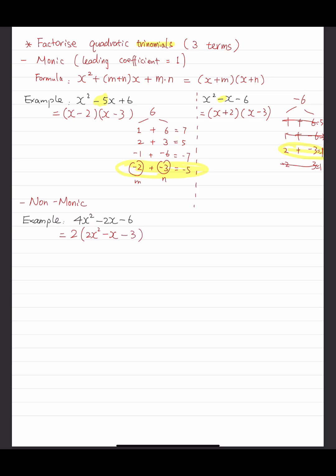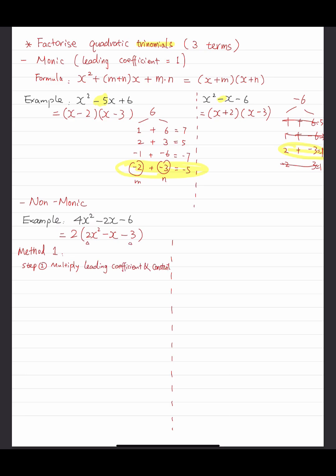Okay, for the non-monic, I'm going to show you two methods. With method 1, you have a few extra steps on top of the existing factorizing monic situation. So step 1, you multiply the leading coefficient and the constant.